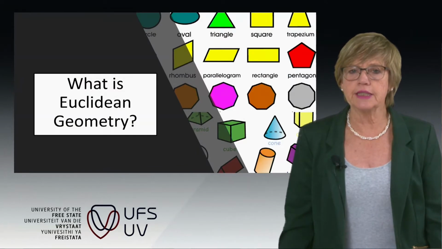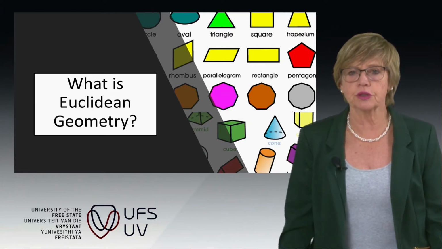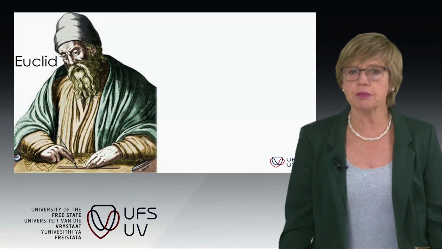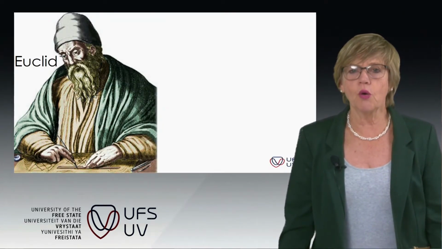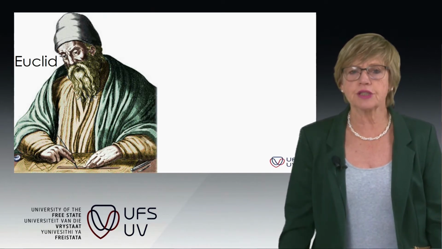What is Euclidean geometry? This system is the geometry of shapes and objects in our 2- and 3-dimensional world. Euclidean geometry is named after the Greek mathematician Euclid, who organized all the known geometry of his time into a series of assumed facts or postulates and provable statements or theorems.